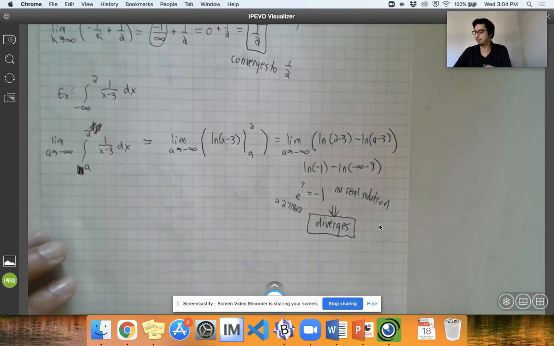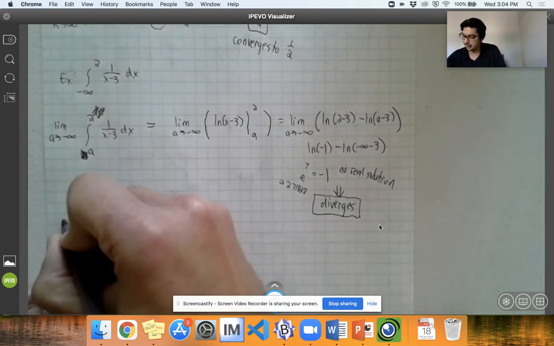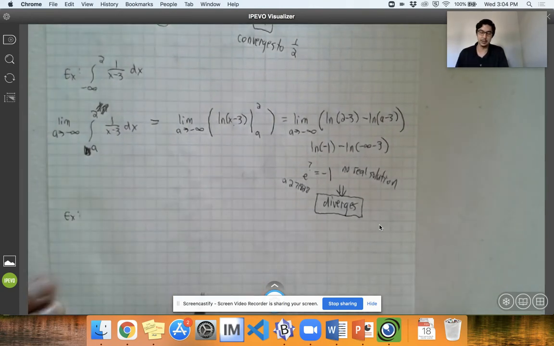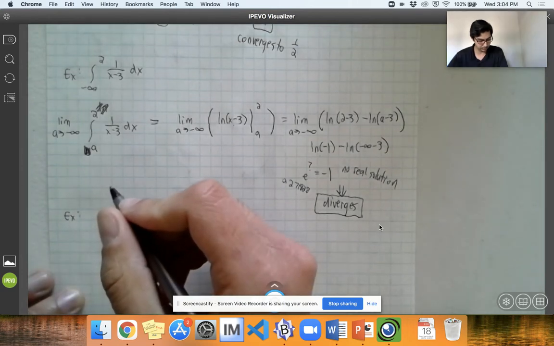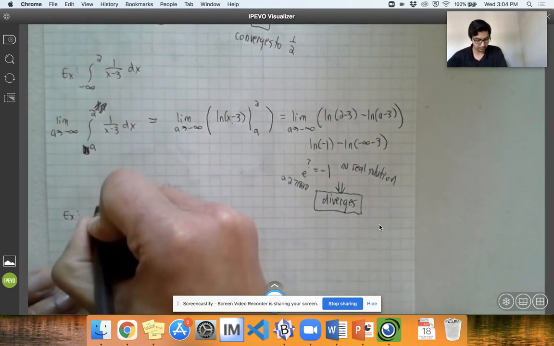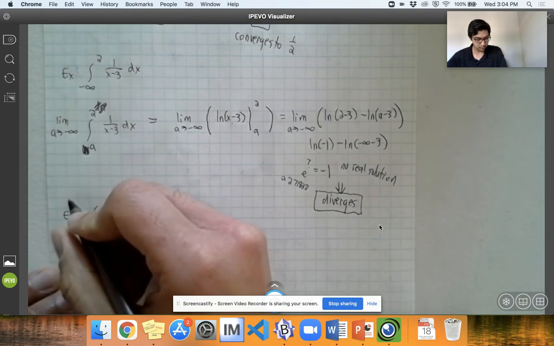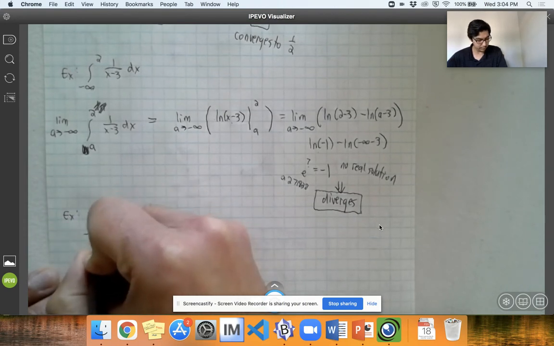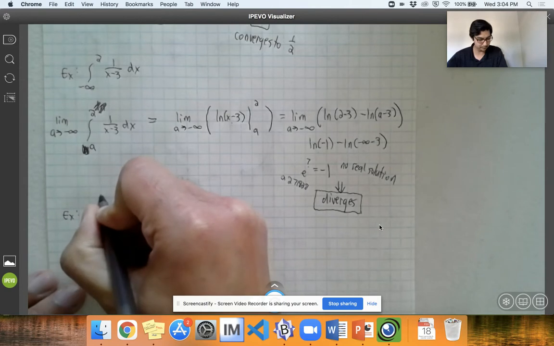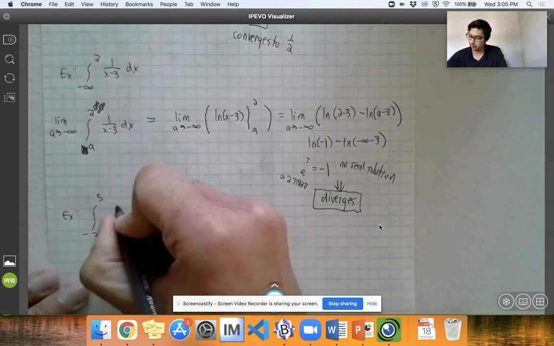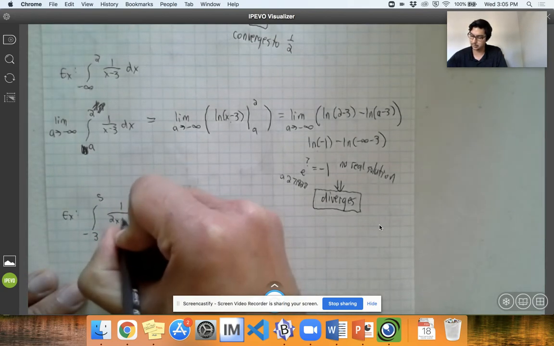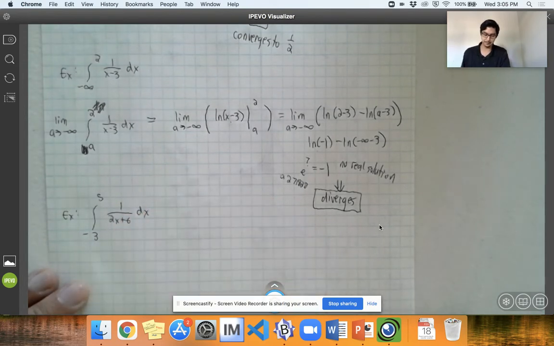Okay. And then the very last example, let's do the integral of negative 3 to 5. Do I want to do this one? Yeah, this one's fine. Let's do the integral of negative 3 to 5 of 1 over 2x plus 6 dx.